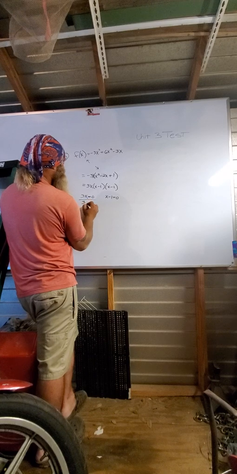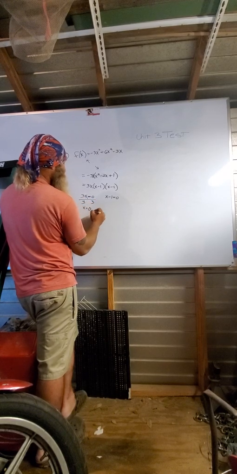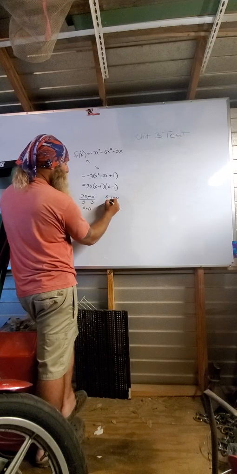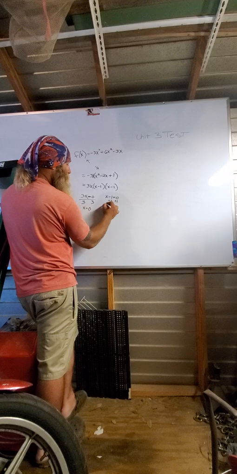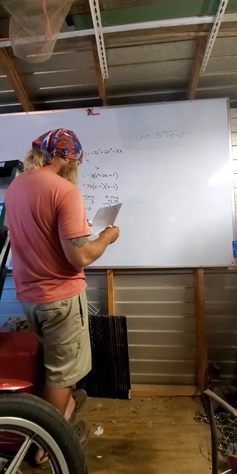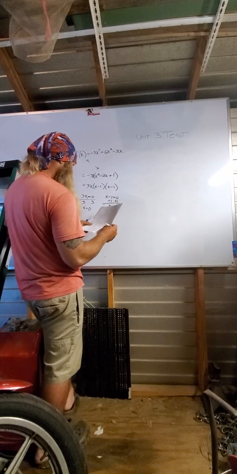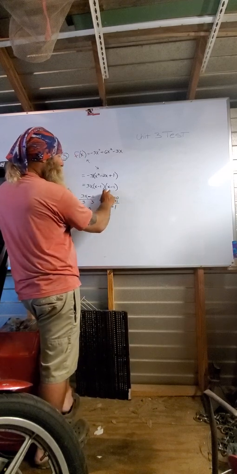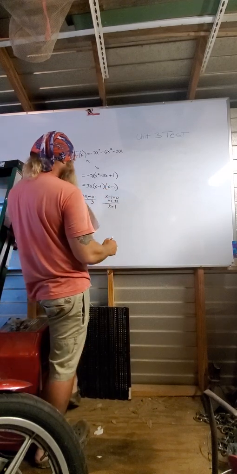Divide by 3, x equals 0, and add 1, x equals 1. Now 1 is a multiplicity of 2 because we have 2 of them.